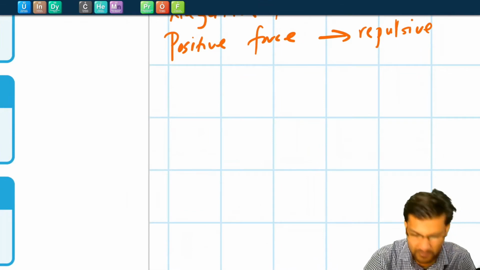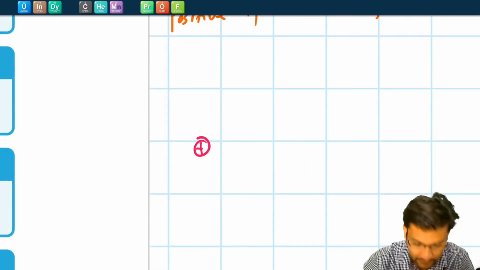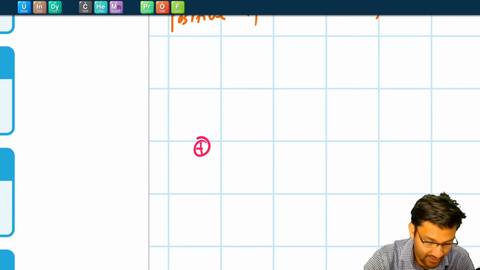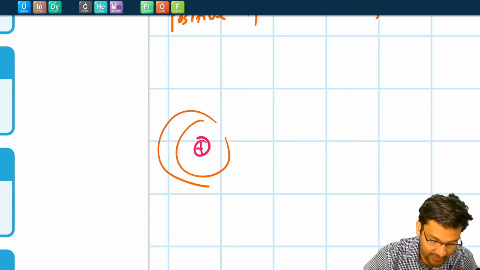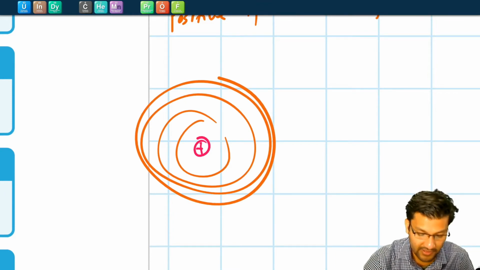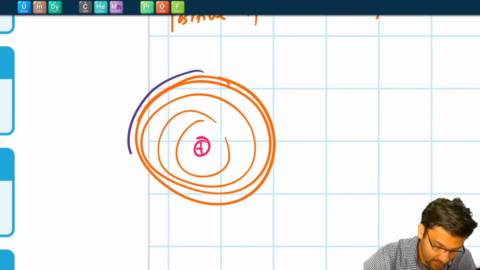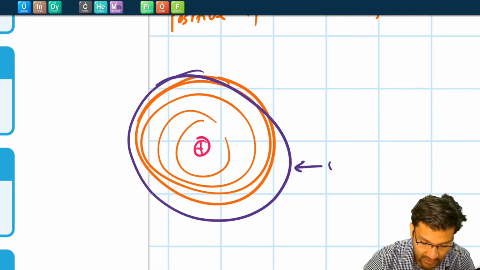This is going to help us a lot in thinking about these different properties of elements. Because if we model an atom very crudely, we can think of it as having all of the positive charge from all the protons in the center, and then the electrons surrounding the nucleus. The outermost electrons are going to be the valence electrons.